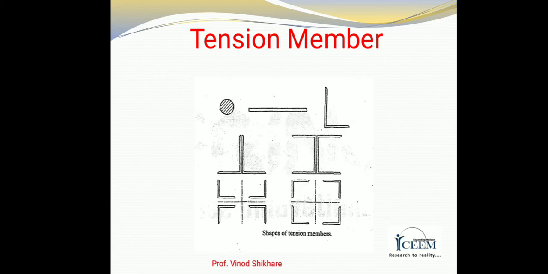The factored design tension, that is T, in the members shall satisfy the requirement that T is less than or equal to TD, where TD is the design strength of the member.